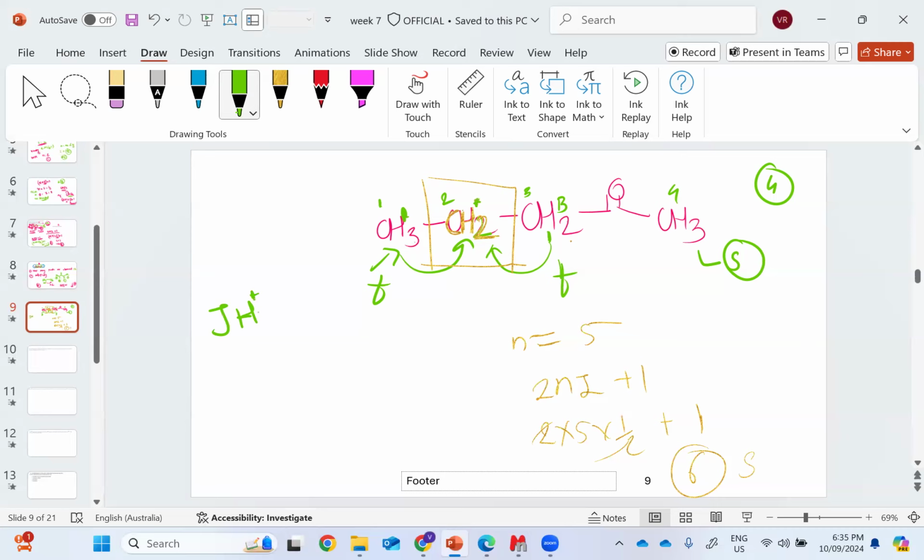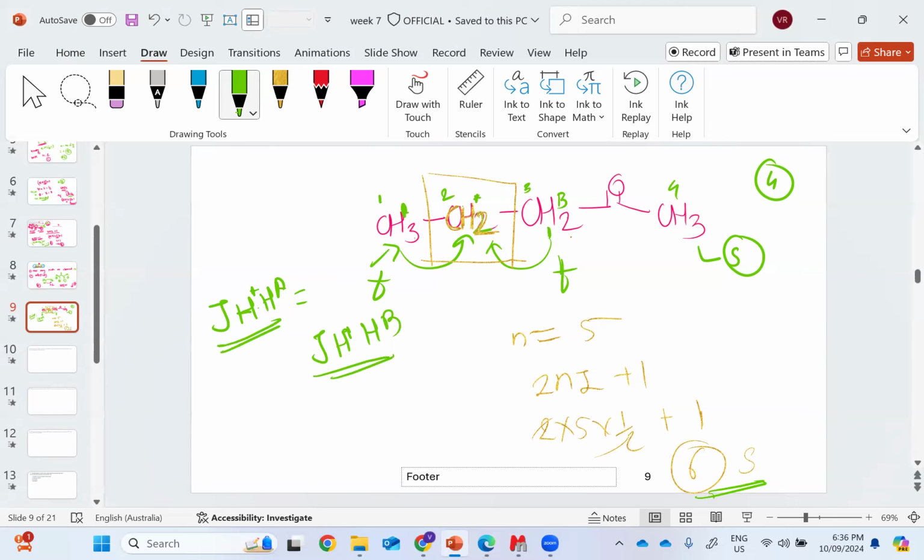So J H star H A is equal to J H star H B. At that time, it will show this sextet as mentioned here. But when they are not equal, the splitting due to one is observed first, and then the splitting due to the other is observed after that. So I have some examples here.